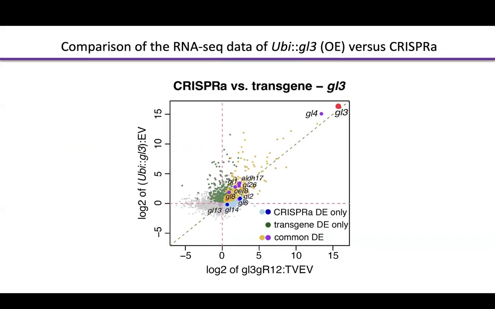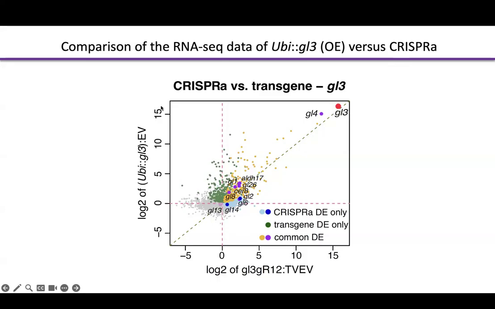Again, we performed RNA-seq analysis. The x-axis represents the CRISPRa GLOSSY3 with the two gRNA arrays compared to the empty vector, while the y-axis represents the fold change of ubiquitin GLOSSY3 to the empty vector. Both methods could highly induce GLOSSY3 gene expression.